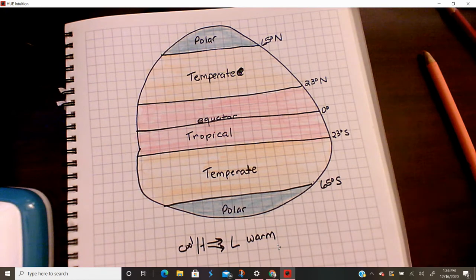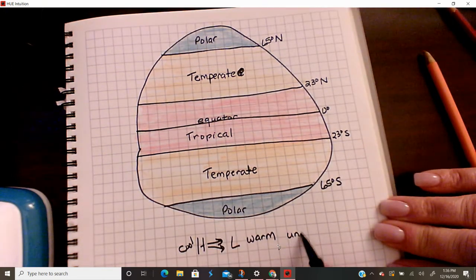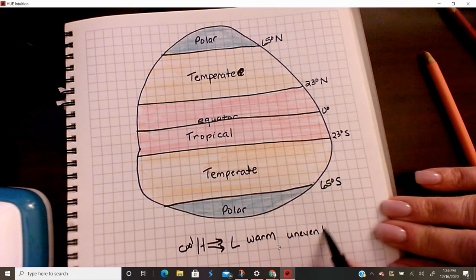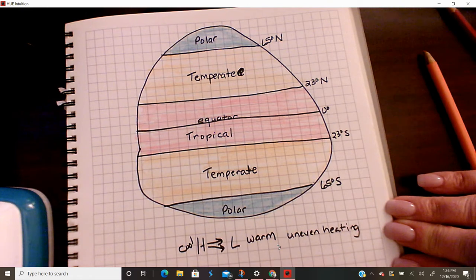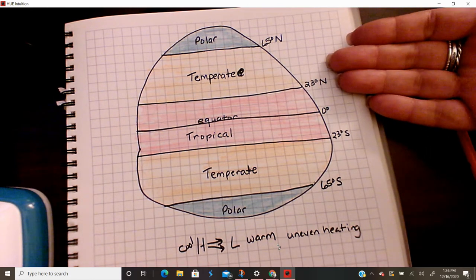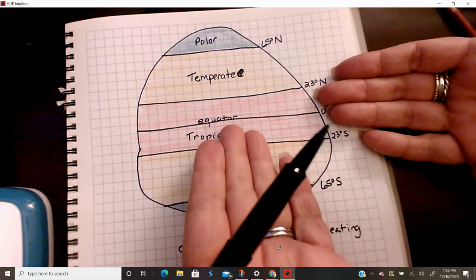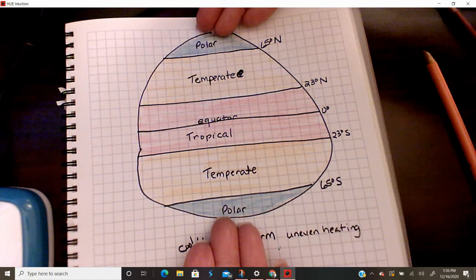Our whole world is set up to have uneven heating. Remember, that's one of our causes of wind. Uneven heating of the atmosphere. There's no way that it can't be uneven in our world because we always have way more direct sunlight in the tropics and way less direct sunlight in the polar regions.